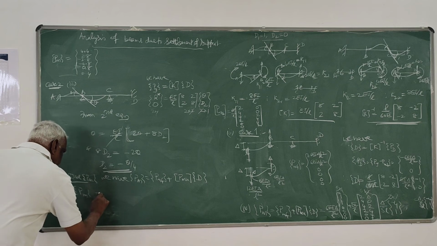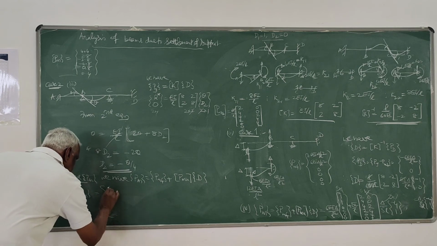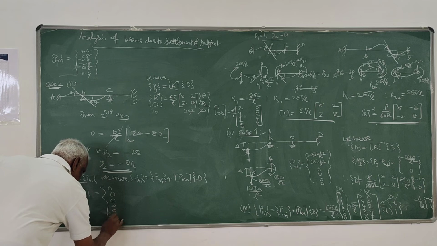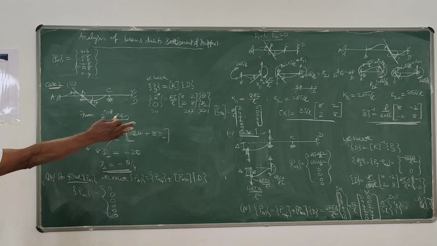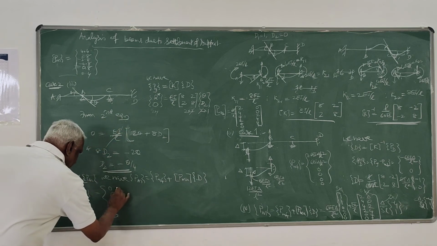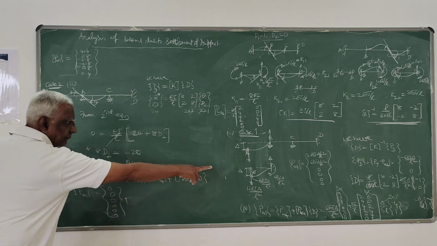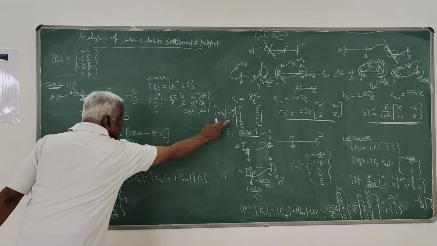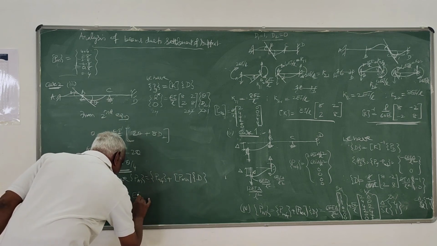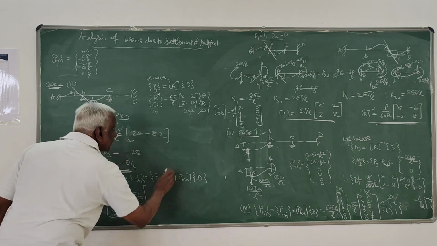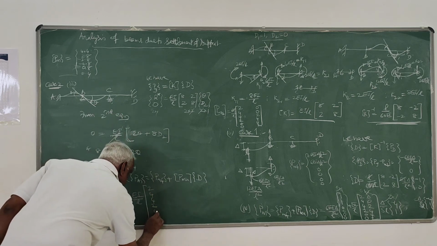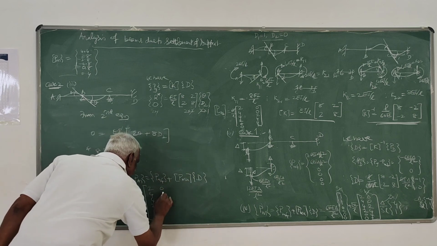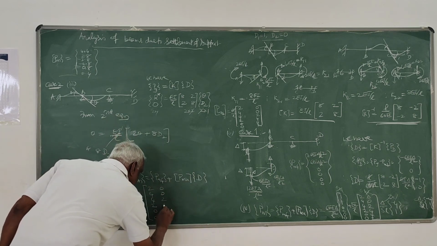So PM is equal to PMF, which is 0, that corresponds to the PM matrix, PM1, PM2, PM3, PM4, PM5, PM6, that is MAB, MBA, MBC, MCB, MCD, MDC. This is the sum 0 plus PMU, that is EI by L into 2, 4, 4, 2, 0, 0, 0, 0, 2, 4, 4, 2, which we have generated.